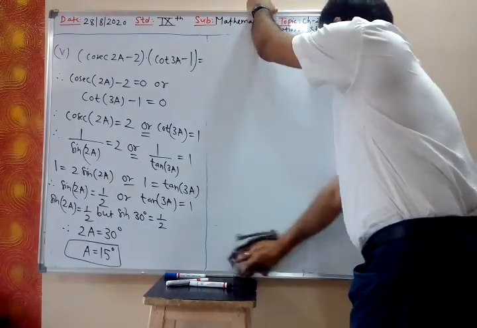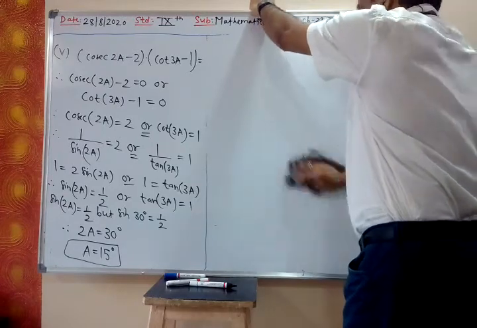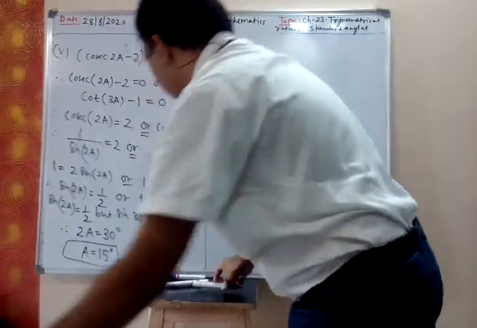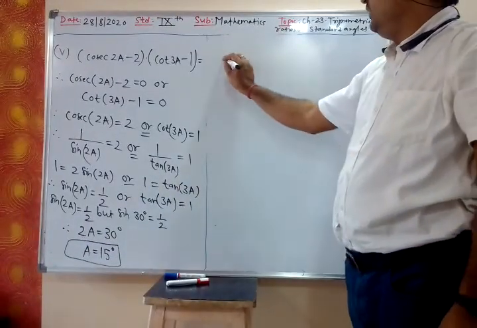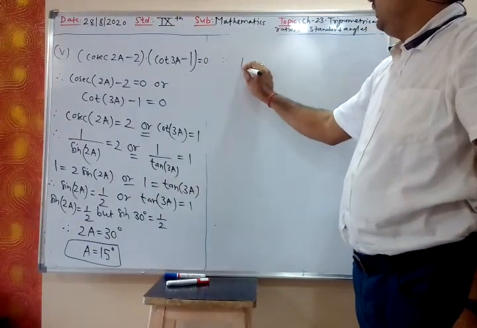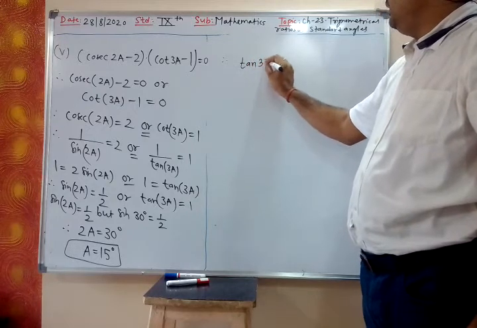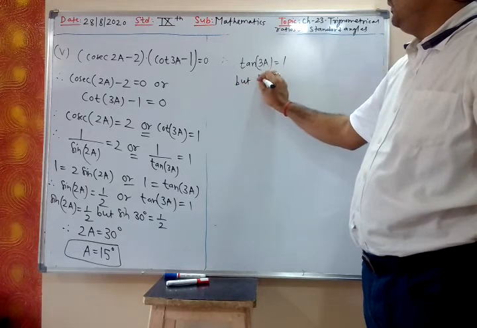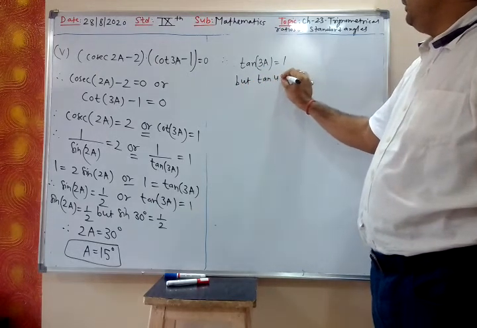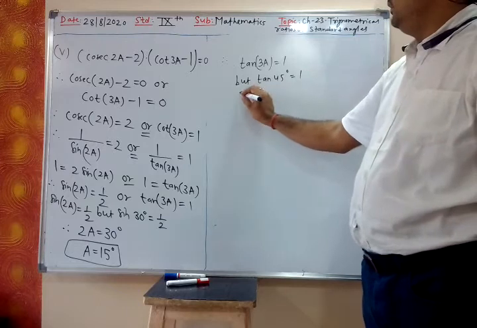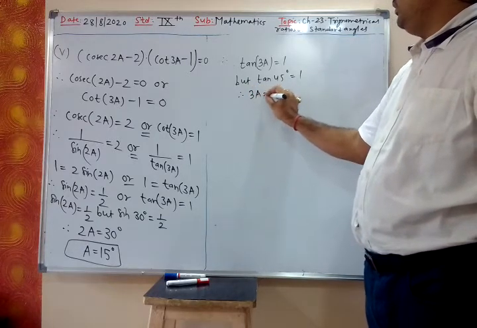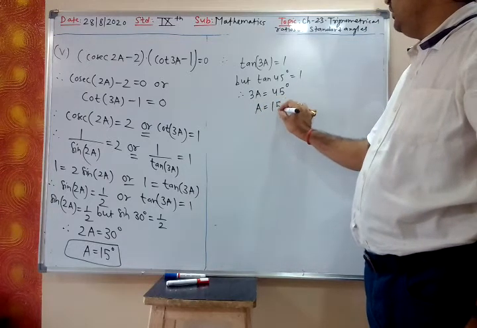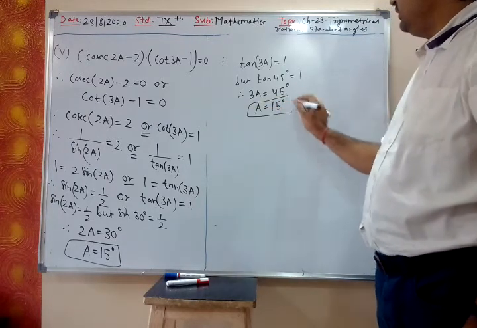Now we write similarly tan 3A is equal to 1, but tan 45 degree is 1, so that will give you 3A is equal to 45 degree, so A is equal to 15 degree. 45 degree divided by 3 is 15 degree.